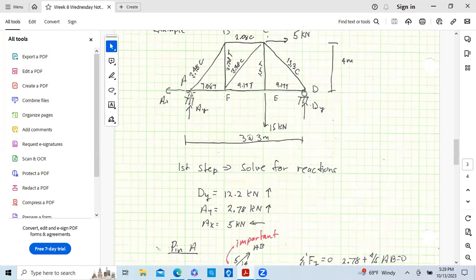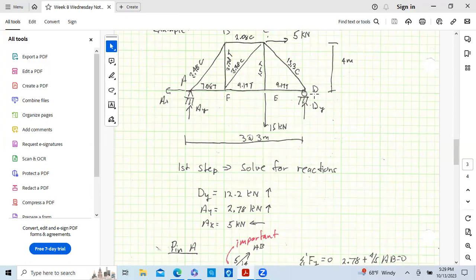The forces here, get D sub Y, sum forces in the Y, get A sub Y. Take moments about D, you should get the same A sub Y that you got before. Or you can take moments about A, get D sub Y, take moments about D, get A sub Y. Your check equation is sum of forces in the Y equal to 0. You always have a check.